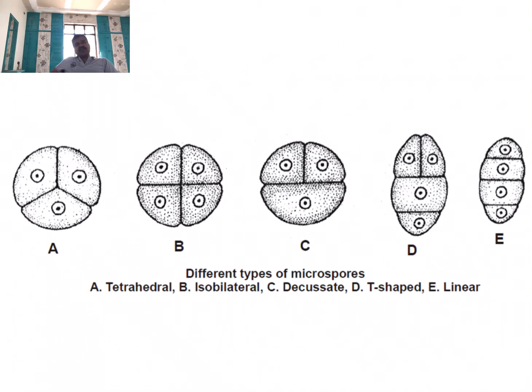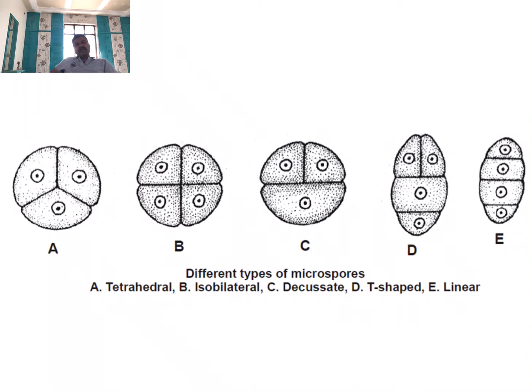Each microspore mother cell divides meiotically and produces spore tetrads, and the spores are arranged in various ways. In the tetrahedral type, the four microspores attach to one another in a tetrahedral manner.